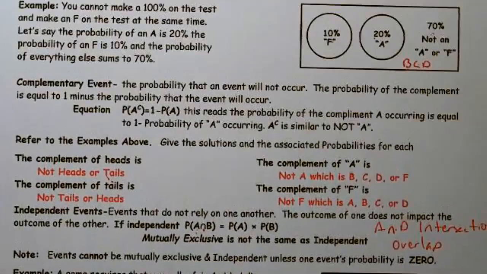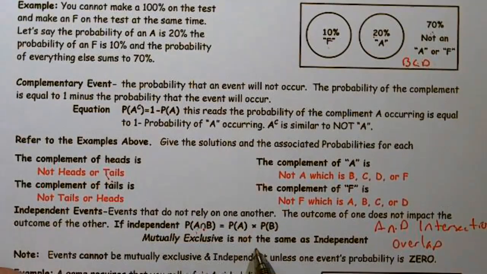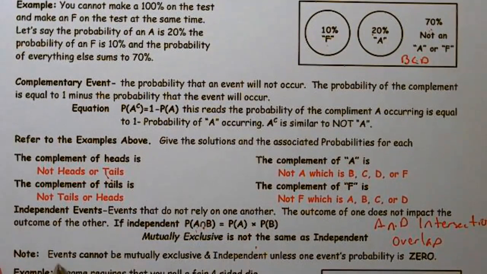Please note, mutually exclusive is not the same thing as independent. Matter of fact, there are big differences. Also, events cannot be mutually exclusive and independent. I just usually want to stop right there. Events cannot be mutually exclusive and independent. I'm really going to say it one more time. Events cannot be both mutually exclusive and independent unless one event's probability is 0.